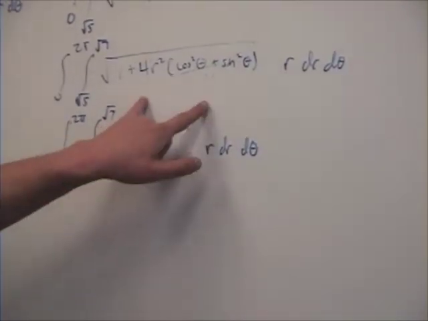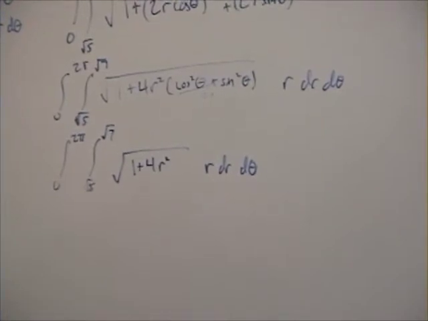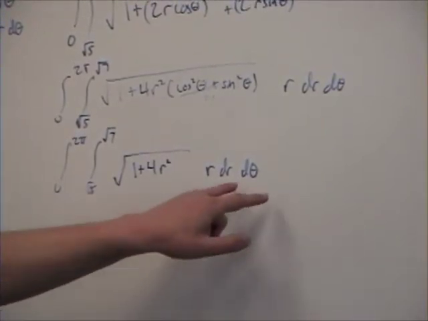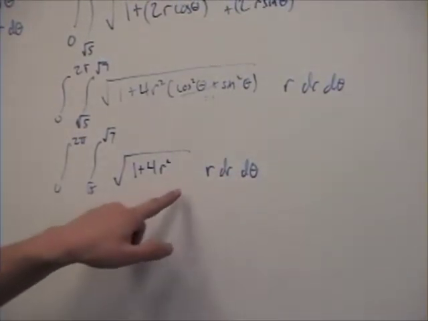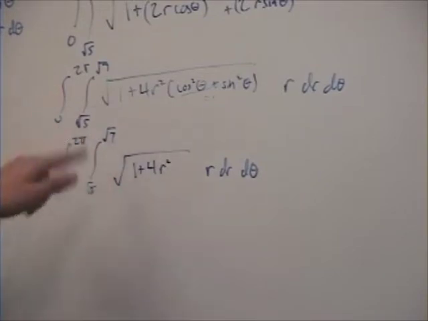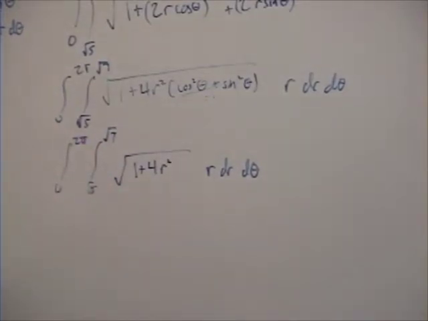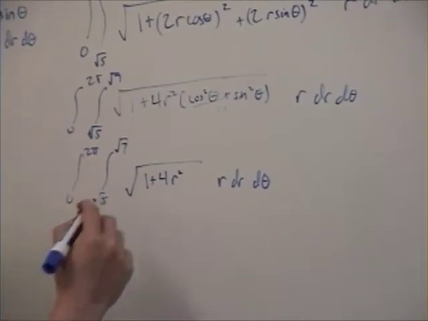Now that we removed all thetas from the integral, we can split it, because all we have is d theta, and the integral with r has no thetas in it, so theta is basically constant.